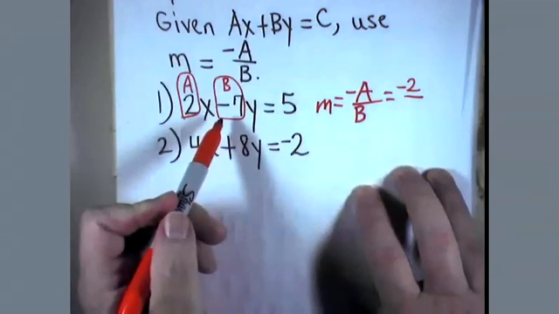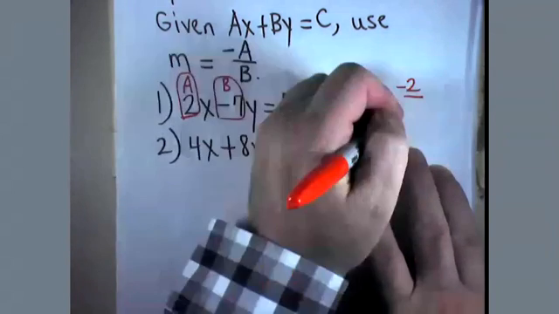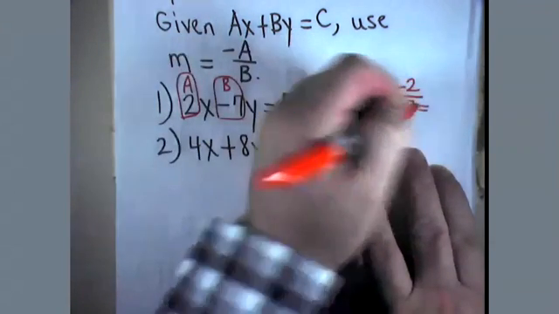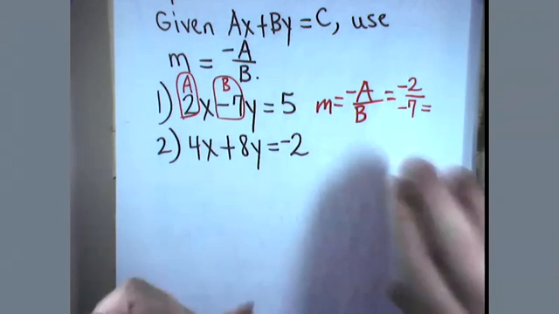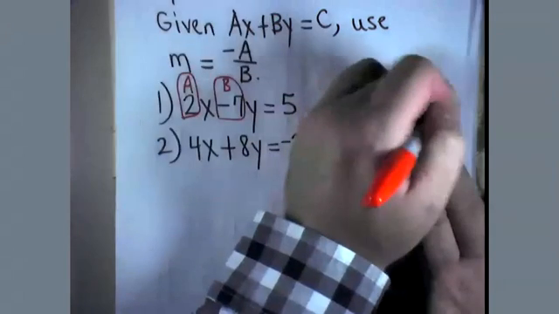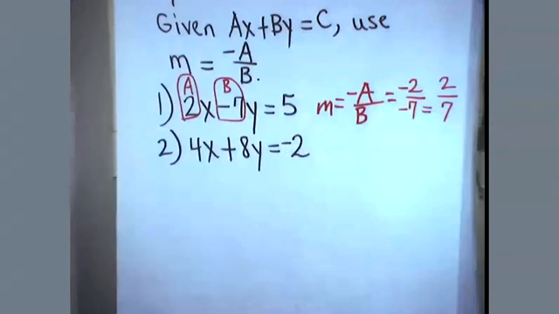B is negative 7. And all we have to do is change our answer because we have a negative divided by negative. So our answer would be a positive 2 over 7. And just like that, you found the slope very easily.